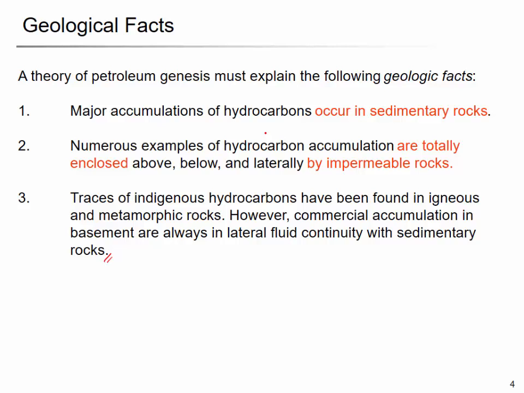You may have a sedimentary basin laterally connected to it, or a sedimentary rock above or beneath the igneous or metamorphic rock. This is a very important finding, and geologists were very curious why this is commonly found in hydrocarbon reservoirs.